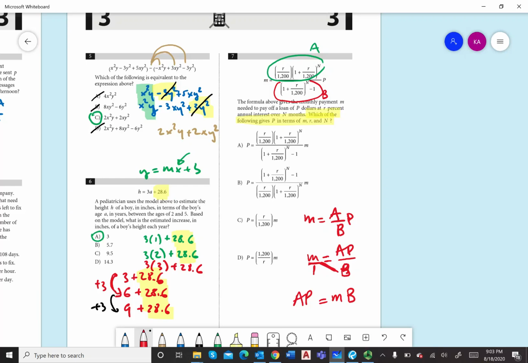Okay, it doesn't matter how I write the equation. If I use cross multiplication, it doesn't matter how I turn the fractions.